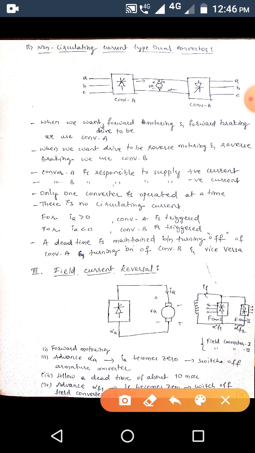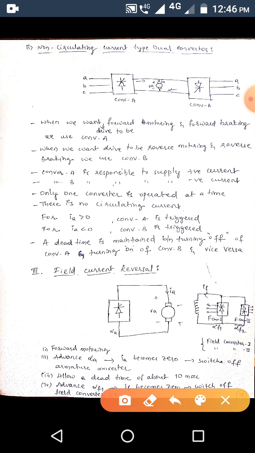If the armature current becomes 0, the armature converter is switched off. How much time does it remain switched off? It allows a dead time of about 10 milliseconds, at which point it should be off.